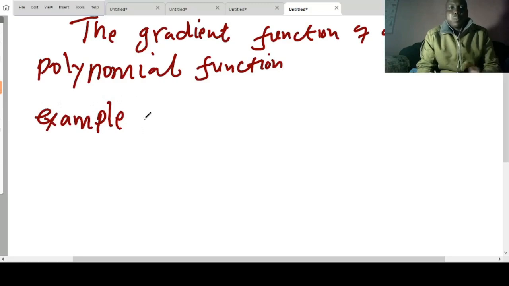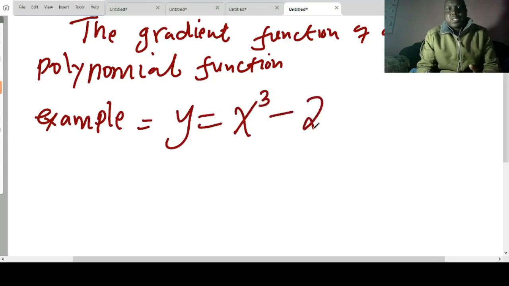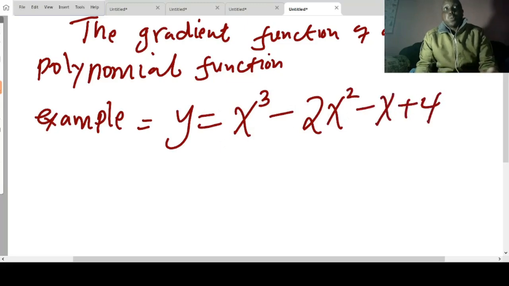An example of a polynomial is y is equal to x raised to power 3 minus 2x raised to power 2 minus x plus 4. This is what we call a polynomial function.